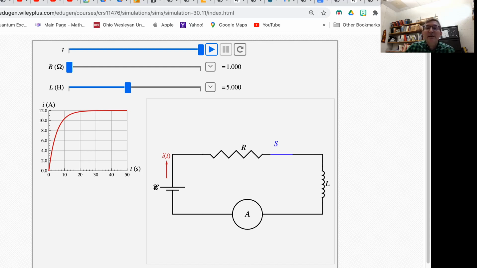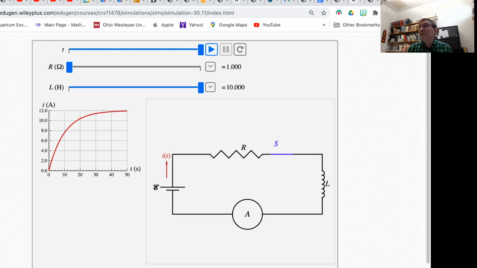All right, now I'm going to reset, and I'm going to increase the inductance from 5 henries to 10 henries. When I run it, I want you to predict first, how is the graph going to be affected? Think about that a moment. Now, ready? If you made a prediction? All right, I'll run it. Still ramps up to the same final current, but it takes now more time.